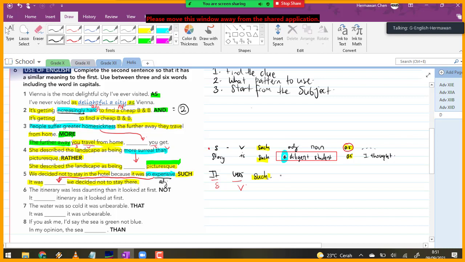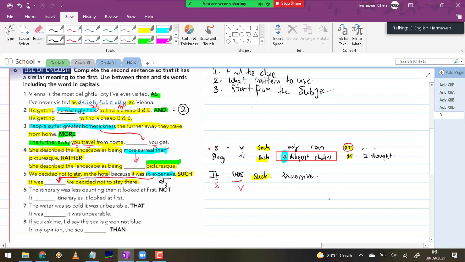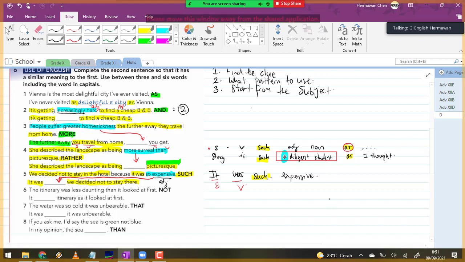It was such expensive. We need to know the noun. What is expensive? If you look at the sentence, guys, we decided not to stay in the hotel. It means we are talking about the hotel. The one which is expensive is the hotel.